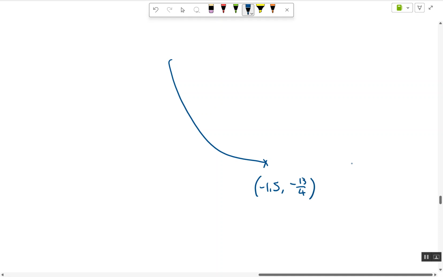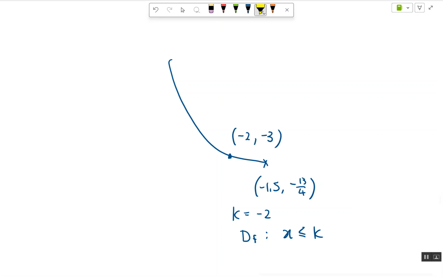The question says in this case, take k equals negative 2, and the domain of f is x less than or equal to k. Where is negative 2? Negative 2 is here, right? When x is negative 2, y is negative 3. This part can understand? So we are only taking this part. It's not a turning point, yeah. Okay? Because the question changed the turning point. Understand?